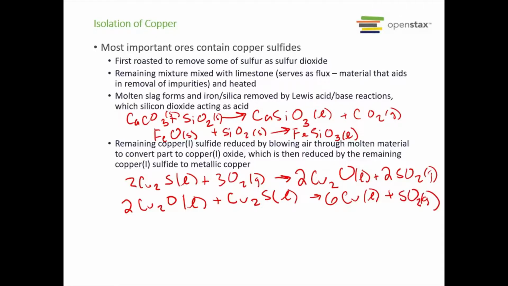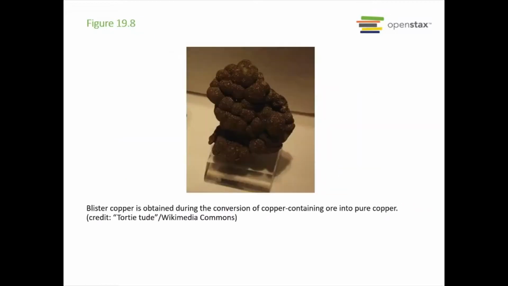One thing that's interesting is this copper obtained in this manner is called blister copper. And this is what it looks like. Because of its characteristic appearance, that's why we call it blister copper. It's actually kind of impure, but here it'll be cast into plates, which can be used as anodes in electrolytic refining of the metal, which we talked about in electrochemistry.